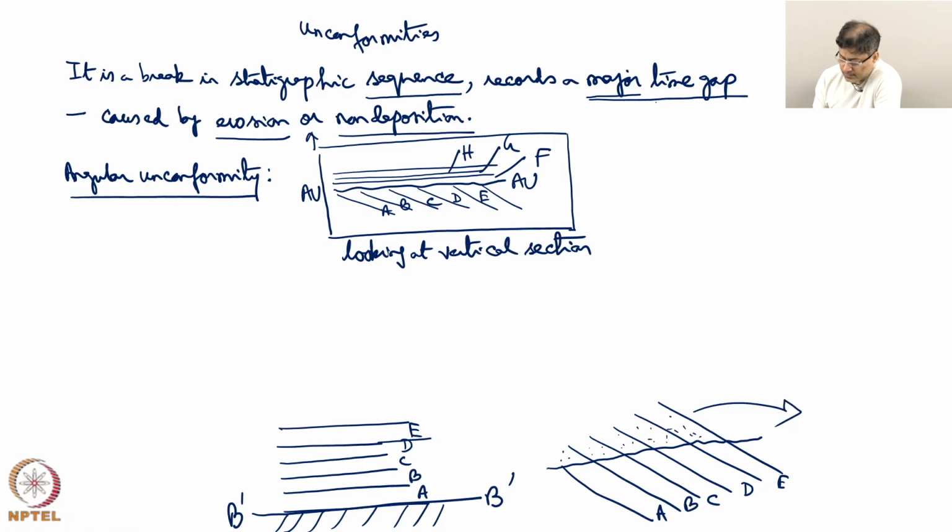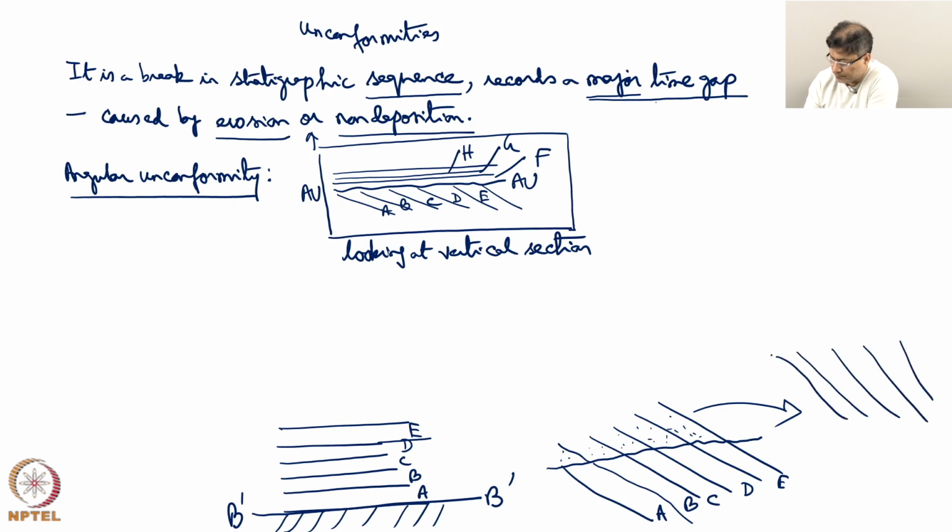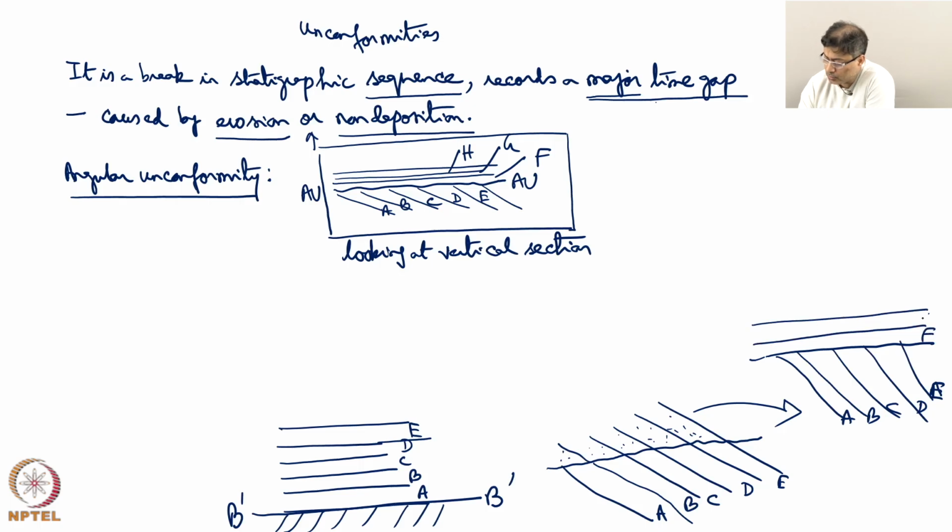So, what remains is something like this: E, D, C, B and A. In the next phase, new deposition happens. Layer F got deposited, then maybe the rock unit G got deposited and then the rock unit H got deposited.